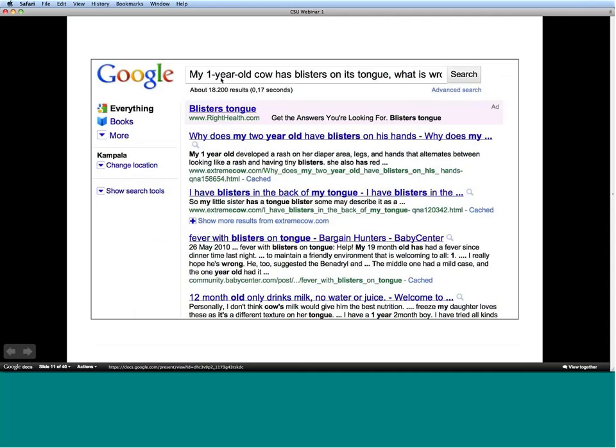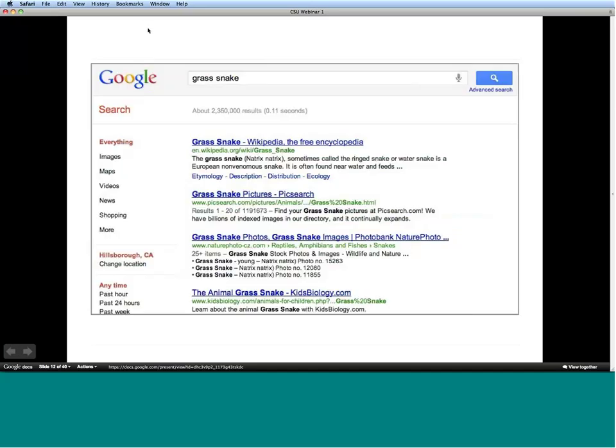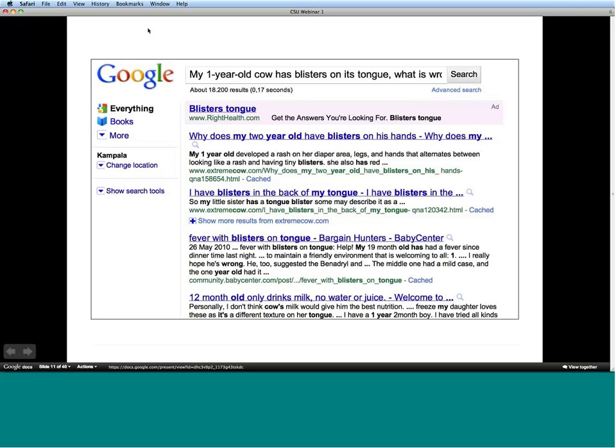Here's an illustration of that. You may have seen people who type in their full question. My 1-year-old cow has blisters on its tongue. What's wrong with it? Well, you can see here that we have words like my, which do appear. The word has appeared right here in our results.